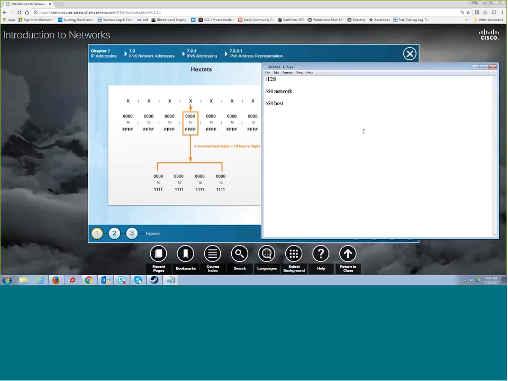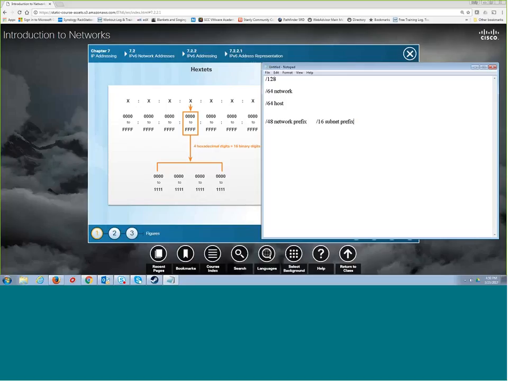Well, inside of that /64 network portion, or network prefix, they call it network prefix, there's a standard that says you'll take /48 bits to be your network prefix. Okay, and then you will have another /16 bits to be your subnet prefix.